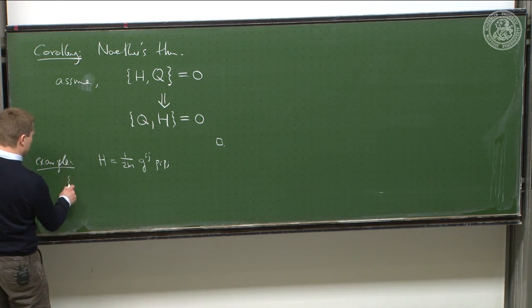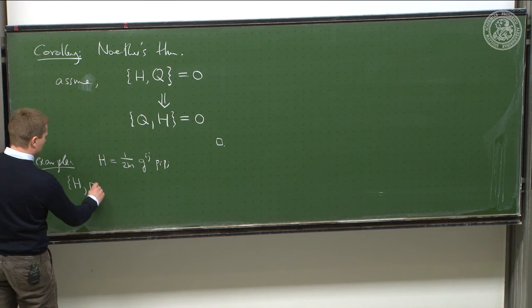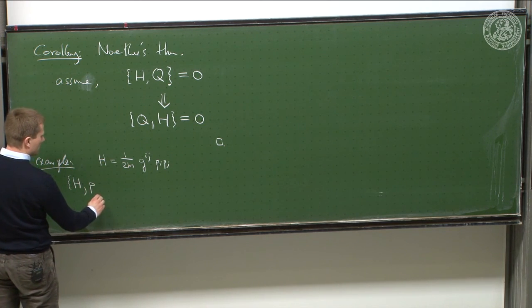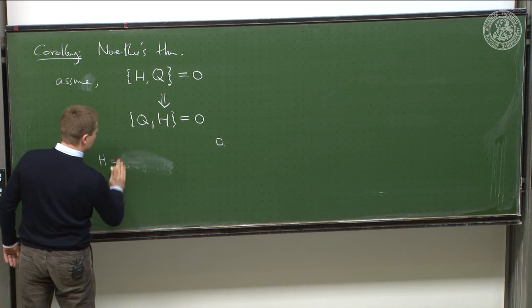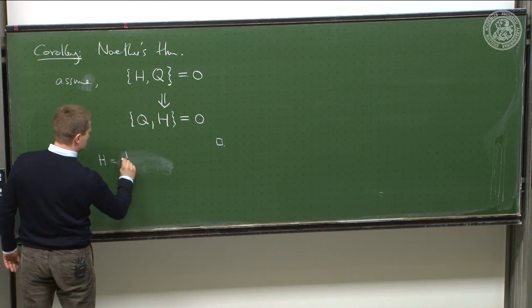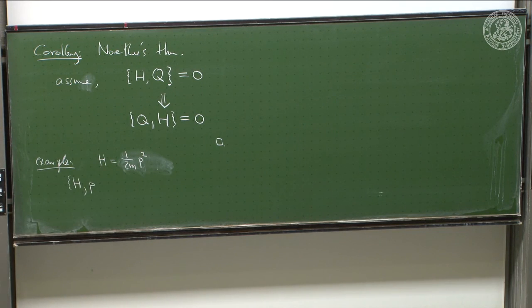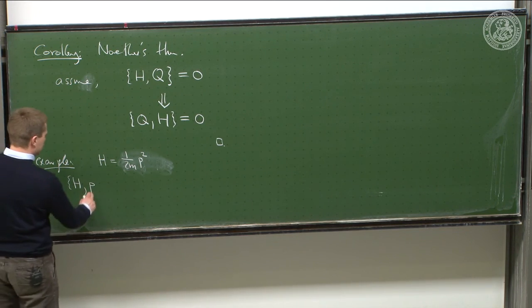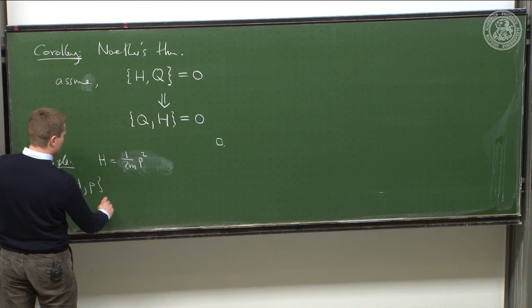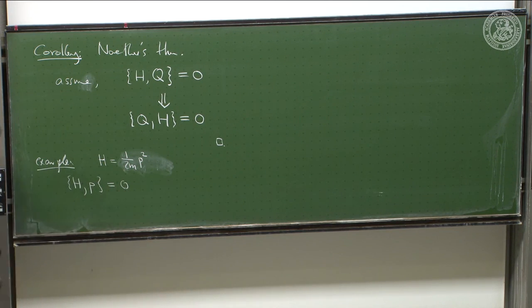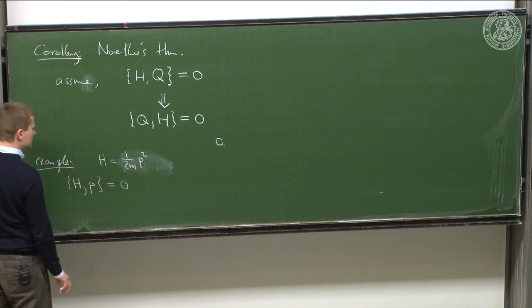Now we can calculate {H, p}. Let's not make it too complicated; let's do it in one dimension with our one-dimensional example. 1 over 2m, and this p is being squared. There is only one p. And now let's calculate H with p. It's obvious that this is 0. We could go through the motions.